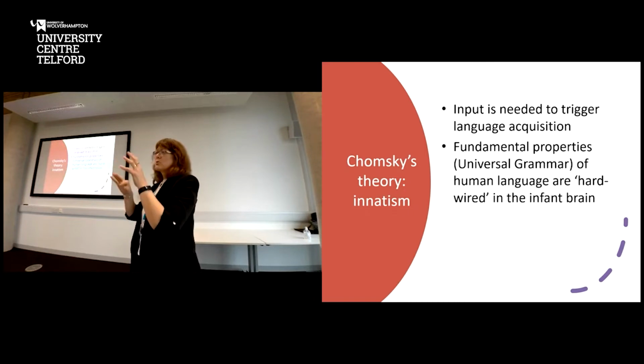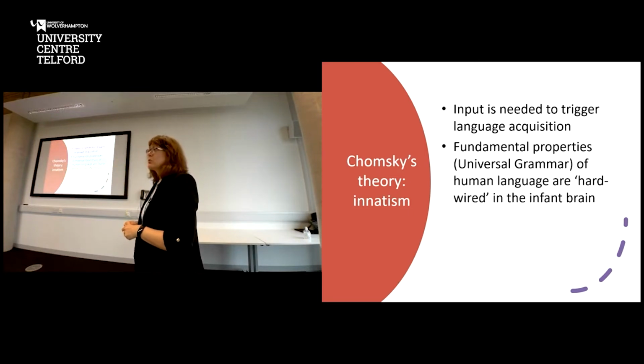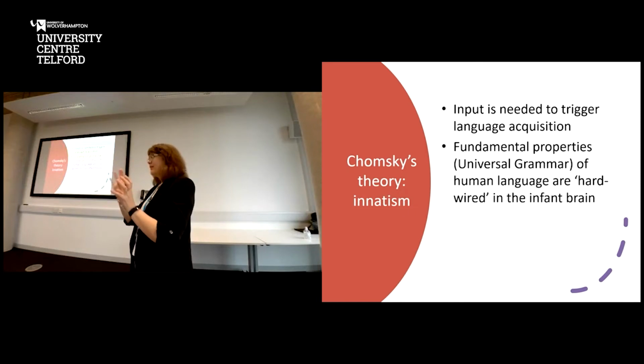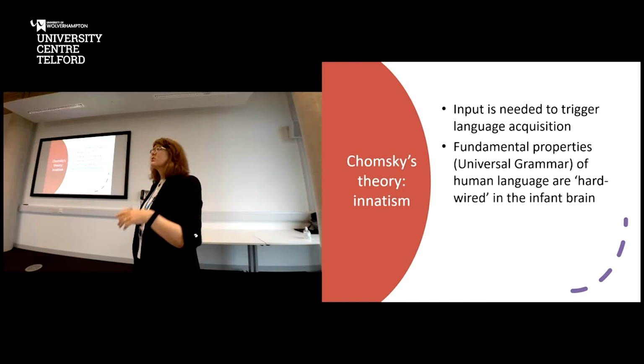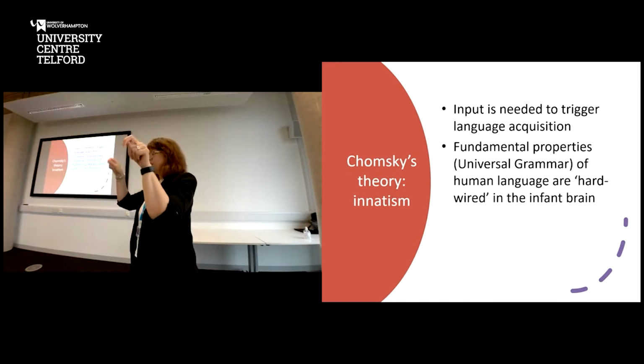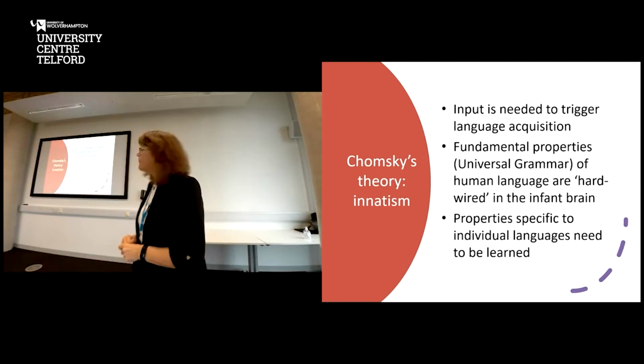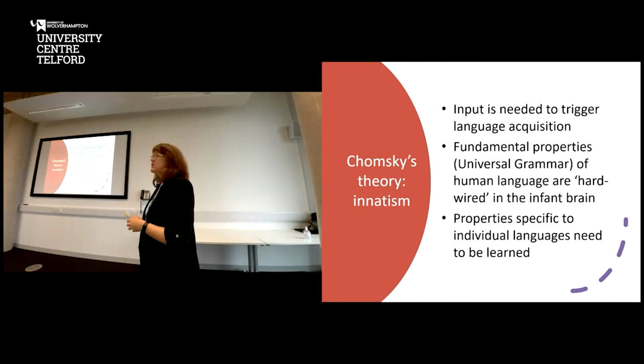There are all sorts of complicated rules, so that if you've got your verb at the end of the sentence, then your adjectives are likely to be, and the child's brain has a whole series of switches, and will just switch on and work it all out for itself. So, properties specific to individual languages need to be learned, but there are patterns.